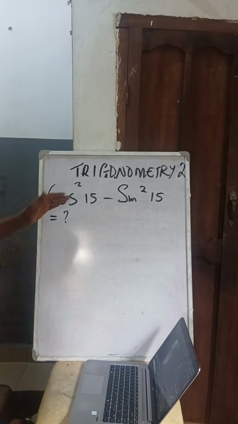All right, evaluate cos squared 15 minus sin squared 15 is equal to what?